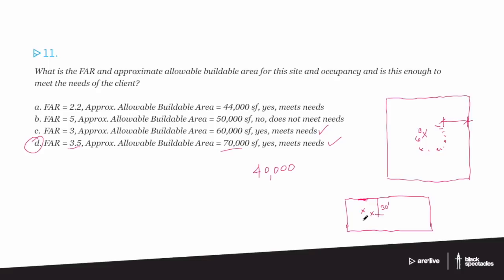The trick here is, when you first get into the case study, and by the way, you can choose to jump ahead and do the case studies first if you want, and then go back and do all the single questions. I think the decision to do that is really about you and how you take exams.